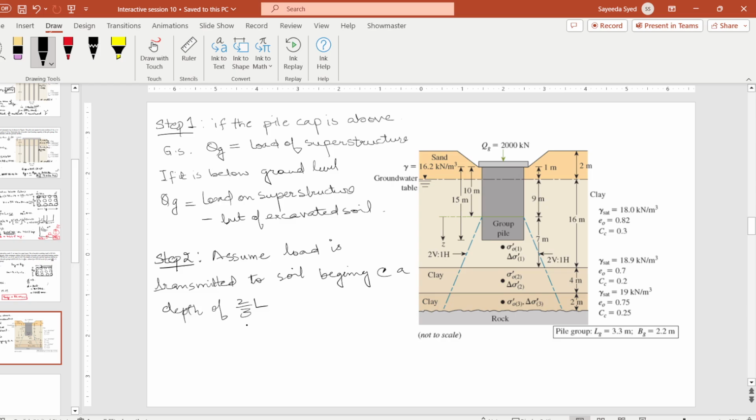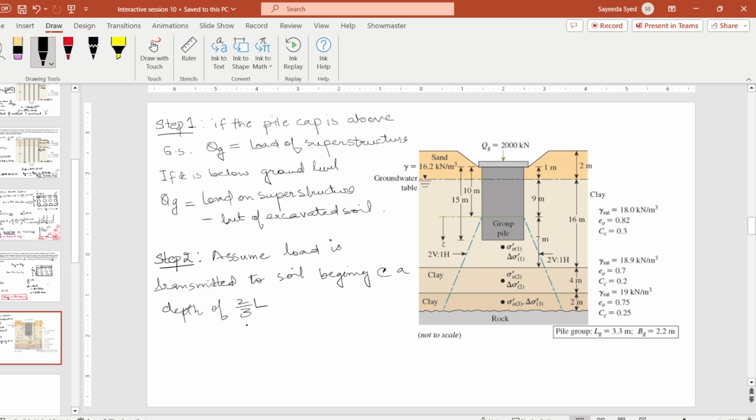The load will spread out at two vertical to one horizontal. Two vertical equals one horizontal.